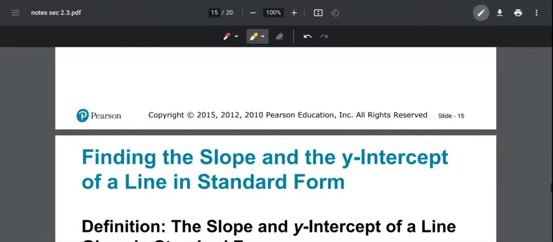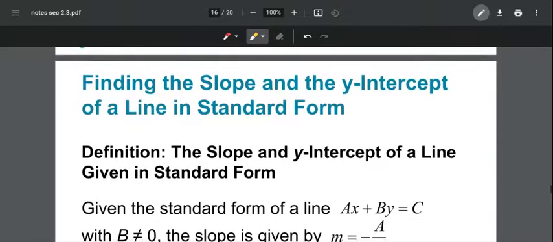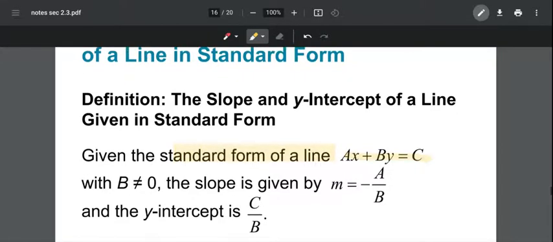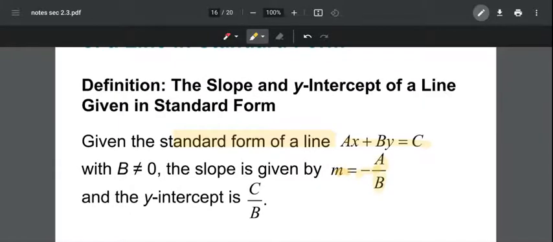So the next part, what they teach in section 2.4, is how to use the standard form ax plus by equals c to quickly get the slope. To calculate the slope from the standard form, you use the formula negative a over b. And to get the y-intercept from the standard form, it's c over b.